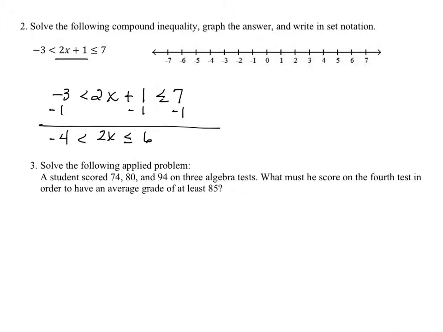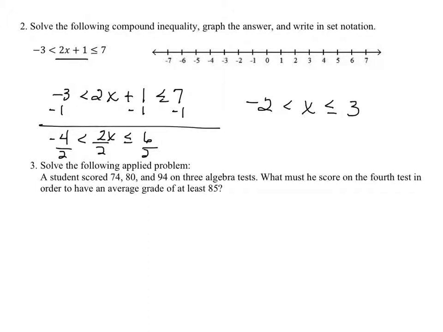And I'm lucky. Why am I lucky? Because 2 is positive in front of the x, so I don't have to worry about the inequality signs being reversed. So I'm going to divide everything by 2, because I'm solving two things at once. So, negative 2 is less than x, which is less than or equal to 3.